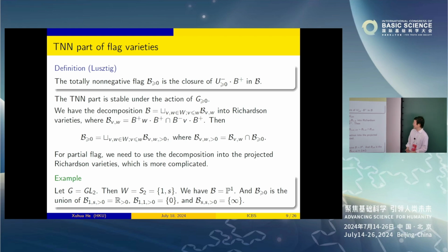A priori, this could be empty. To really understand this took around 10 years. We finally understood this in the classical setting, and it took more time to understand this for arbitrary Kac-Moody groups. Anyway, this is what happens for the full flag varieties.